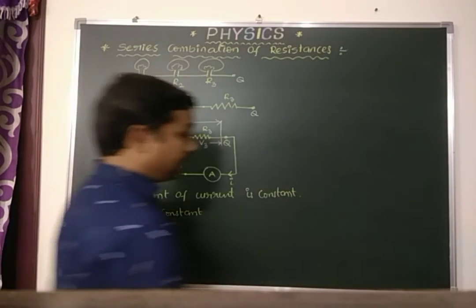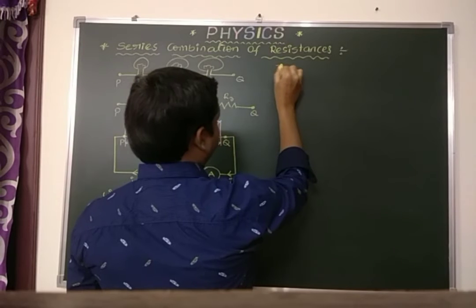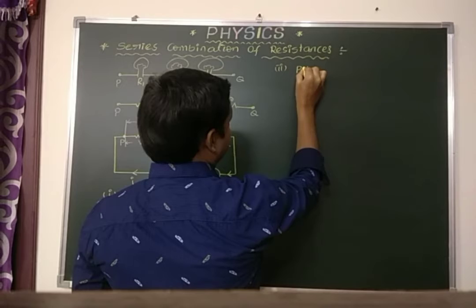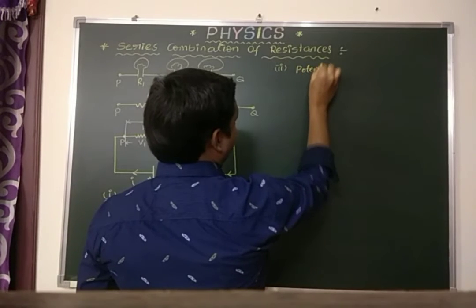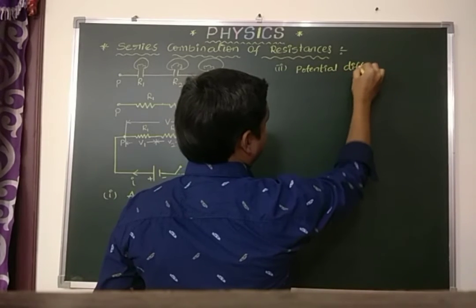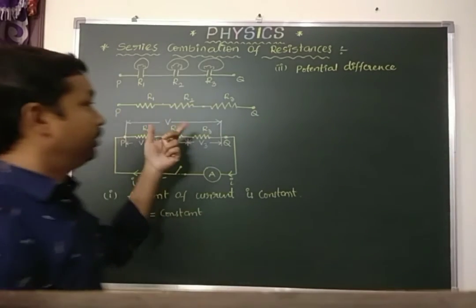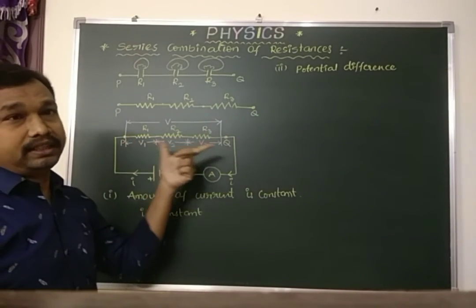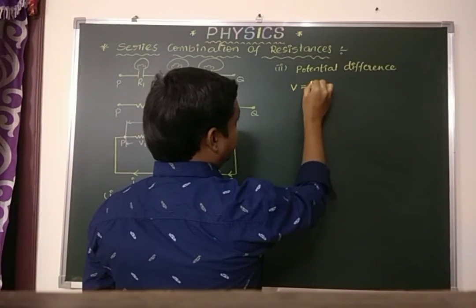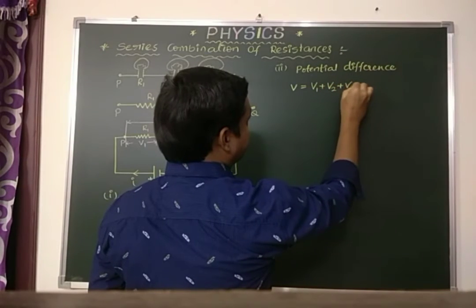So you can write one statement here. Second point: the potential difference across the complete series combination is V equals V1 plus V2 plus V3.